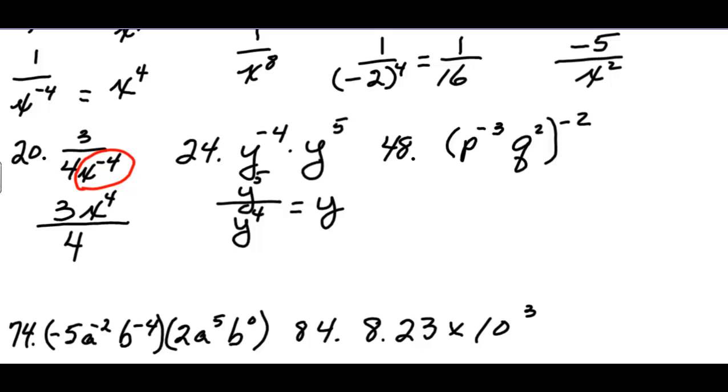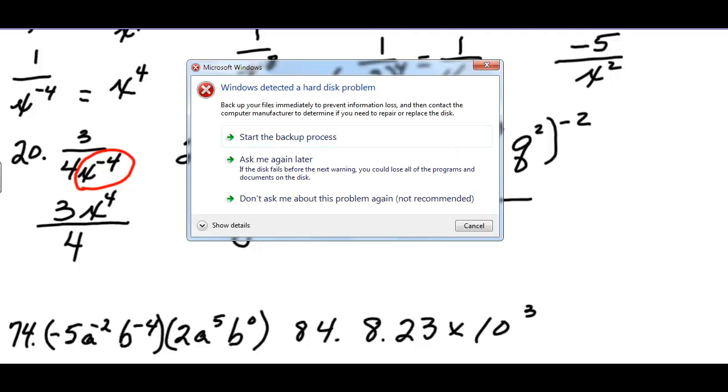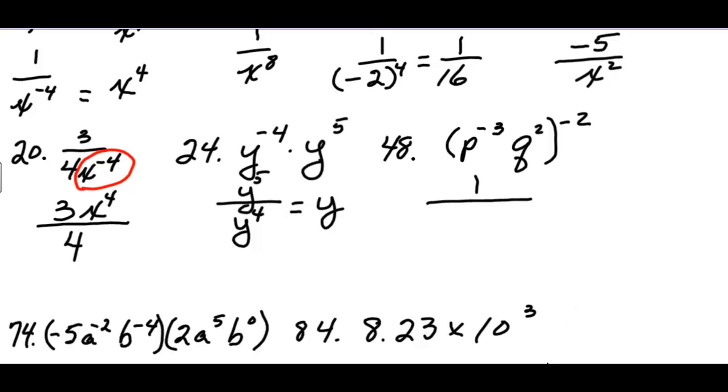Looking at number 48, now we've got this whole quantity taken to the negative 2 power. So why don't we take it 1 over this whole quantity? Oh, excuse me for that. p to the negative 3 q squared, and that whole thing now is squared.